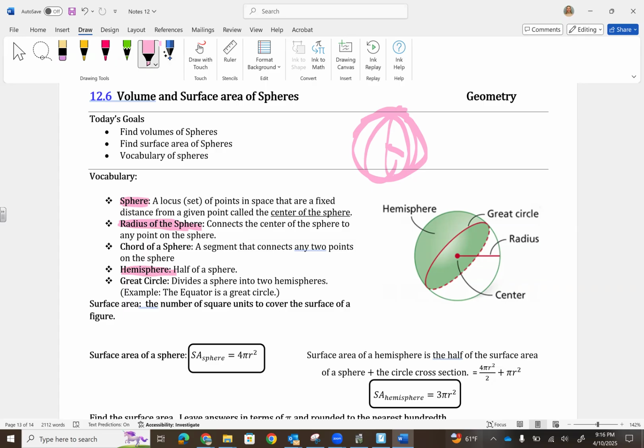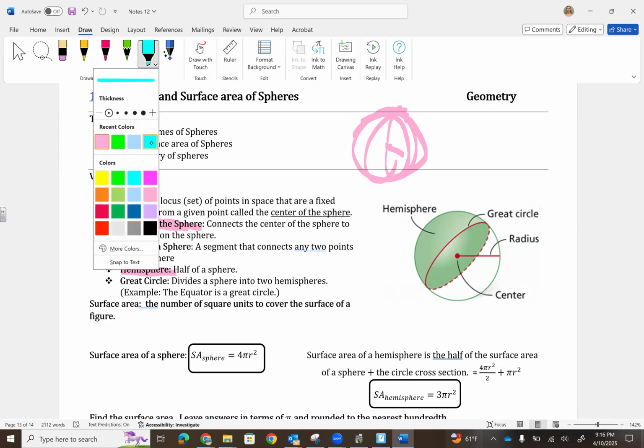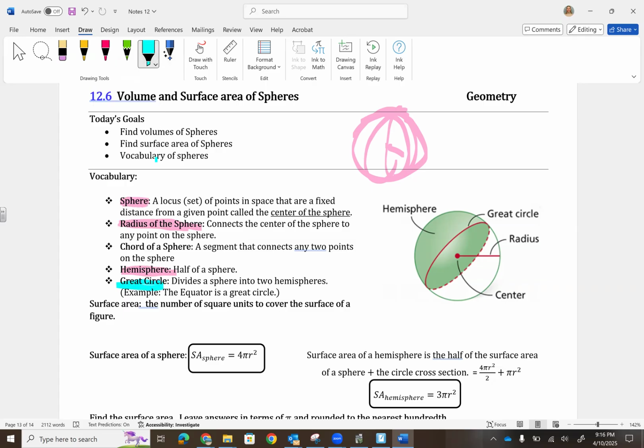And then here's something that's big, and I think it's on your test too. What is a great circle? Well, if you slice open a sphere, like an orange, you could slice an orange at many levels, like at the top and kind of down a little bit. If you slice it in the middle, the great circle is the biggest circle when you make a cross section.